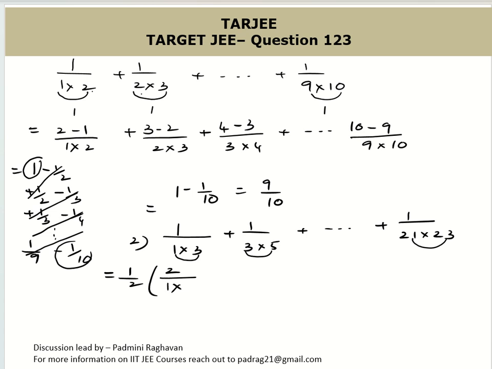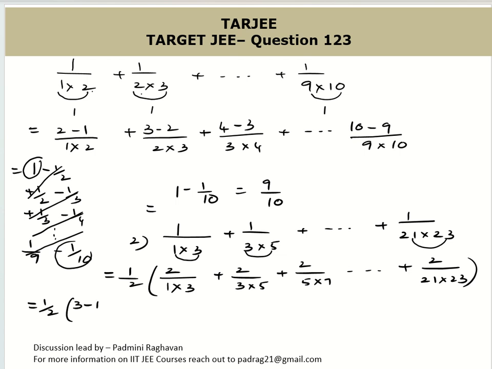2 divided by 1 into 3 plus 2 divided by 3 into 5 plus 2 divided by 5 into 7, etc. 2 divided by 21 into 23. Now you express this 2 so that each numerator is written as the difference of the denominators.